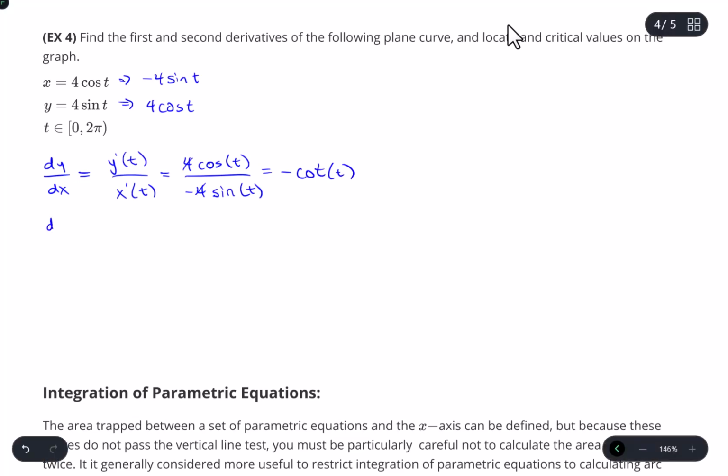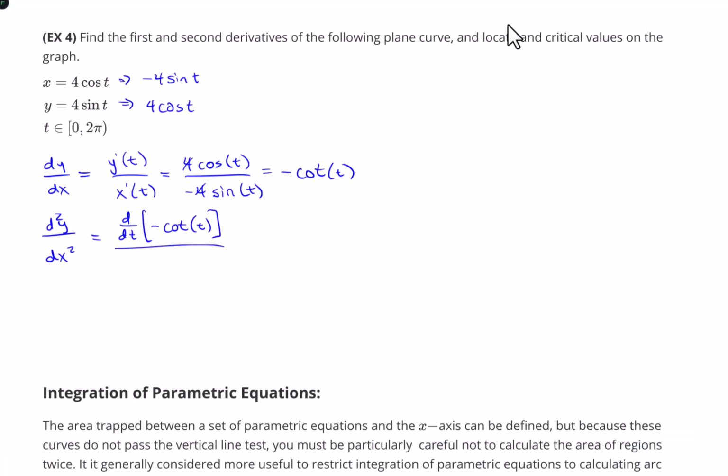Then the second derivative, d squared y over dx squared, that's going to be the derivative with respect to t of negative cotangent of t all over x prime of t. So the derivative of negative cotangent, let's see, the derivative of cotangent is negative cosecant squared.